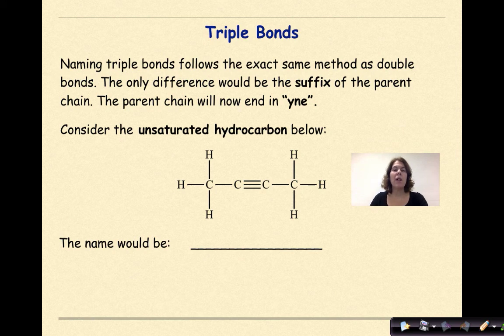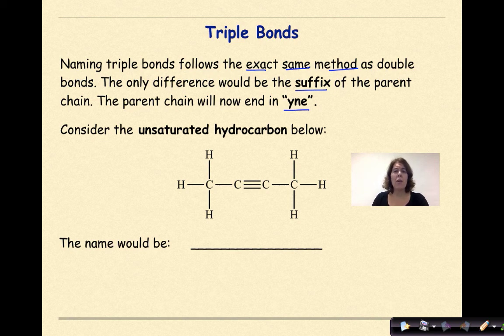Naming triple bonds follows the exact same method as double bonds. The only difference would be that the suffix of the parent chain will now end in YNE. Consider the unsaturated hydrocarbon below. Again, the first thing that we always need to do is look at where the triple bond is located and decide where to start numbering our carbons from. In this case, it really doesn't matter because, again, it's right in the middle.